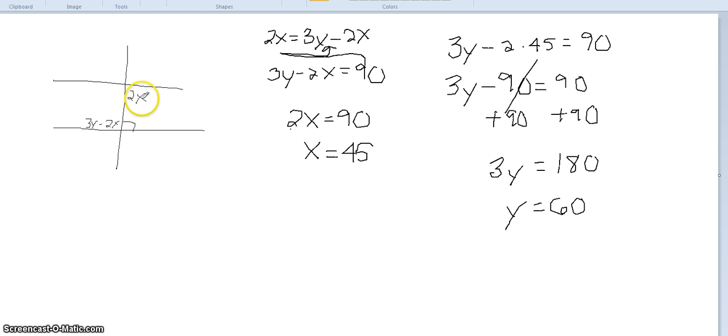And then we could think of this has to equal that one, that 90 degrees. So actually, if they're on the same side, on the inside, they add together to be 180. If that one's 90, that one has to be 90. So that was another way you could think of it. There's lots of ways to do these types of problems. Just write down everything you know, and then use those formulas to find x and y.